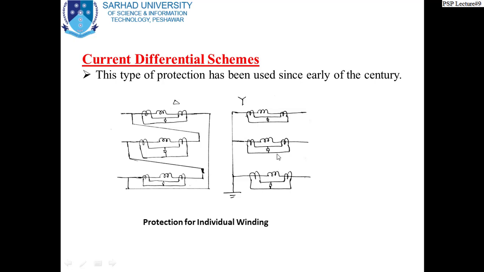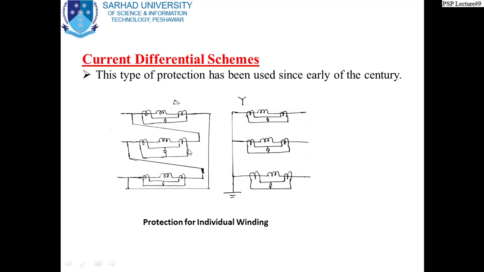Now gentlemen, if you see this arrangement, about 12 CTs are required for this: 6 CTs on the primary side, that is the delta side, and 6 CTs on the secondary side. This number is too large.